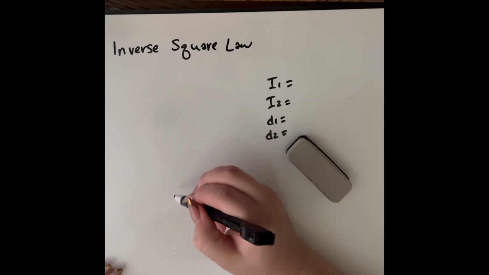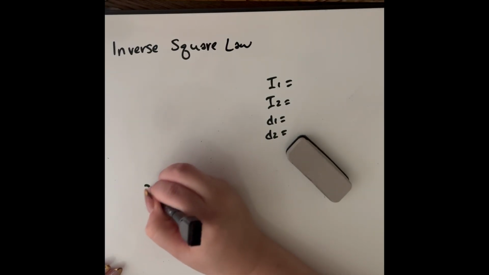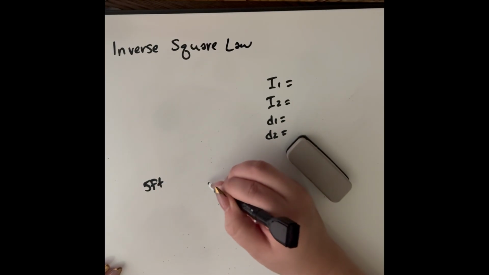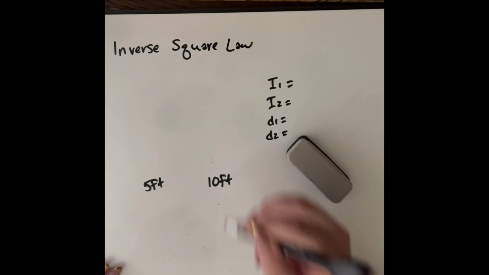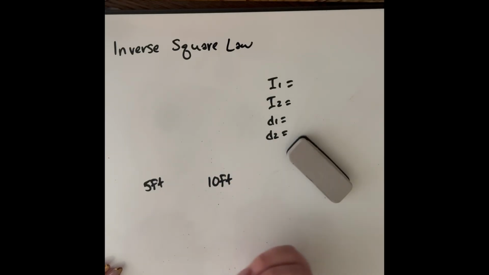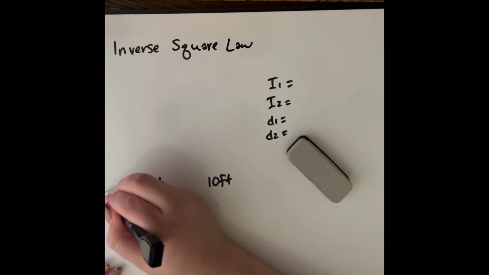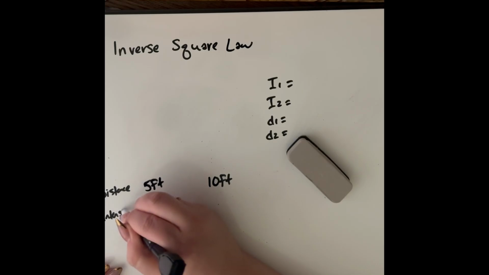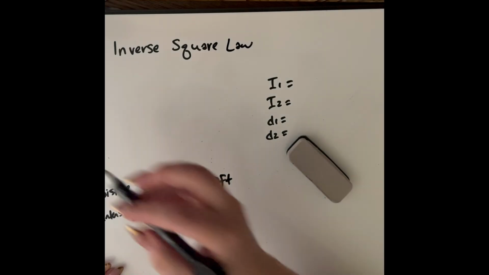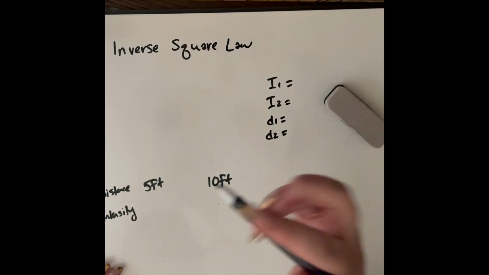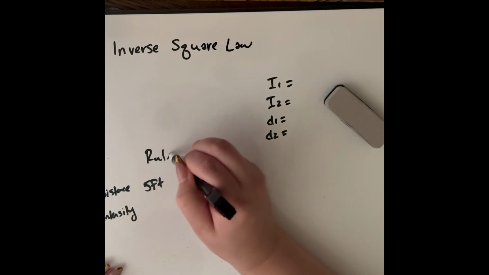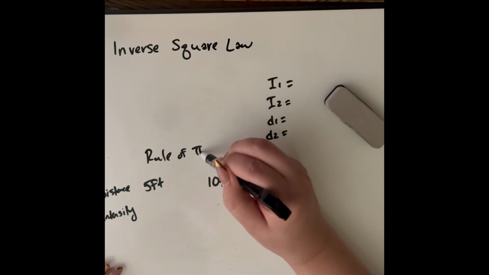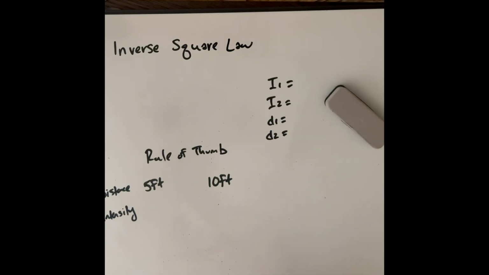Meaning, if we go from 5 feet all the way to 10 feet, let's make a little chart here, distance and intensity. This is the rule of thumb. So let's say our distance was 5 feet and we went to 10 feet.